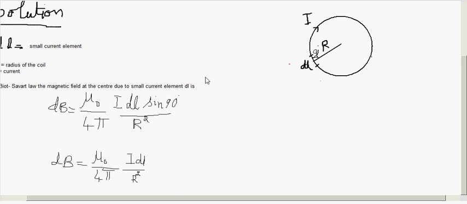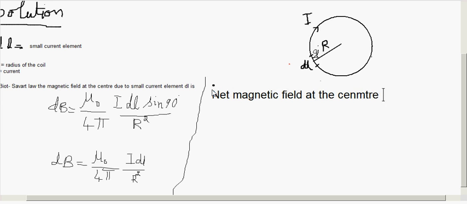So the net magnetic field at the center is given by B equal to the integral of mu naught by 4 pi I dl divided by r square.